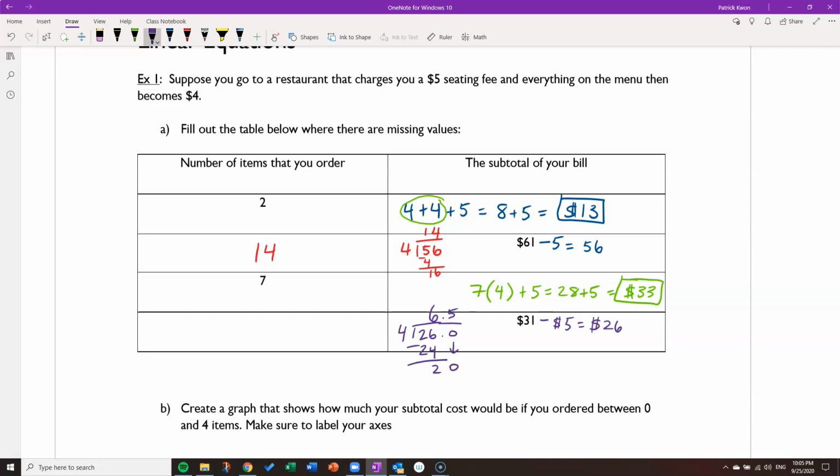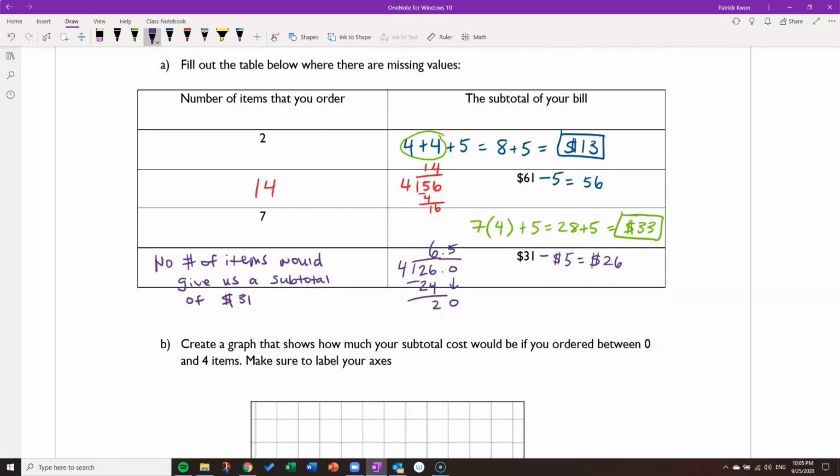So really here, if we were thinking about the context of this problem, we would probably say no number of items would give us a subtotal of $31.